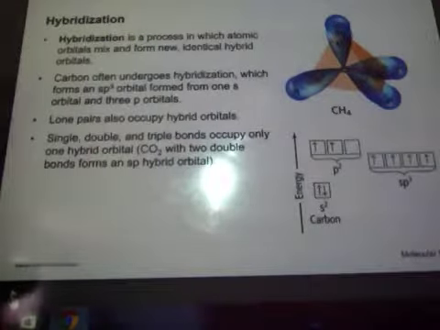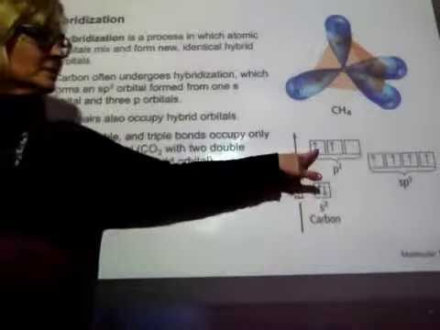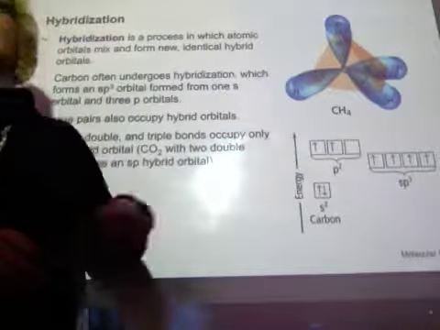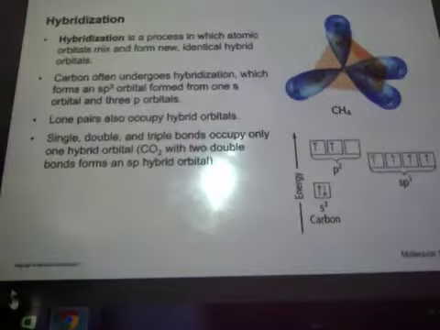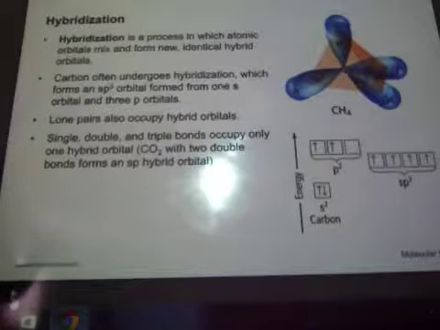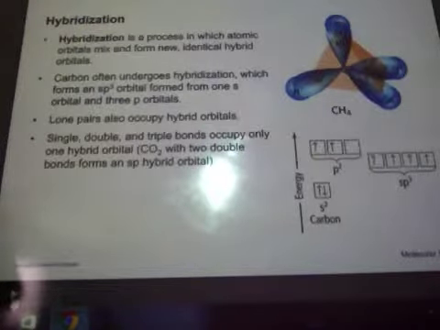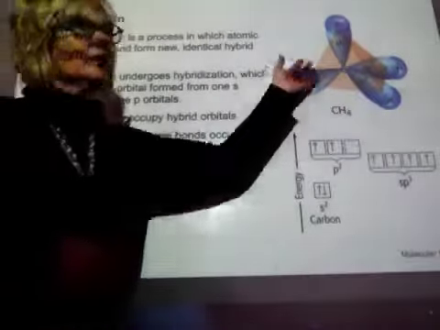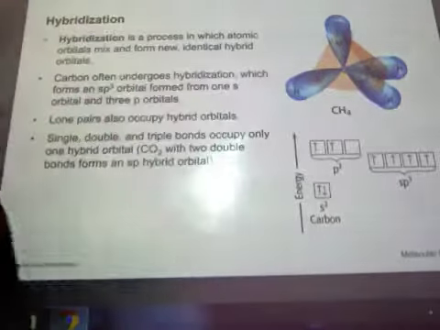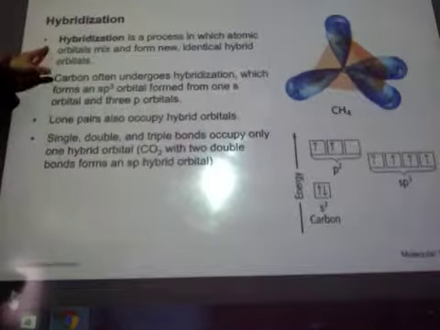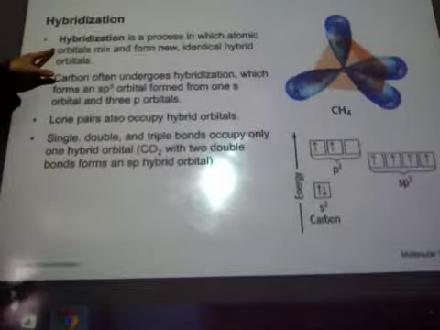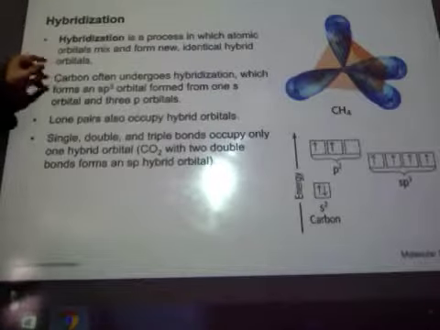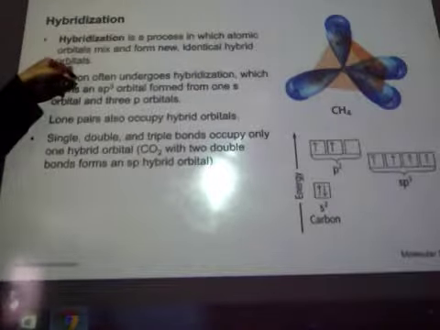So we looked at our orbitals and our sublevels in an atom. Well, now we're putting atoms together and making molecules that are made up of many atoms. When we do that, we get what's called a hybrid, a mix of something. Hybridization is a process in which atomic orbitals mix and form something new.